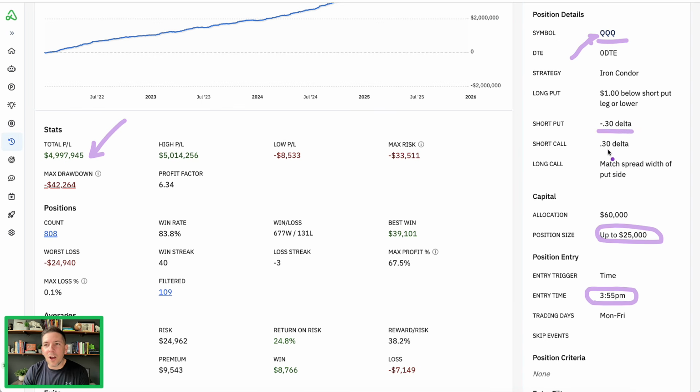Those deltas, even though they're not super far out, a 30 delta 5 minutes before the market close could be significantly far out that there's no liquidity for that, right? So again, you have to ask yourself, who is taking the other side of these trades? And I just don't think anyone realistically is going to take that big of risk, and take that big of a position size literally 5 minutes before the market closes.